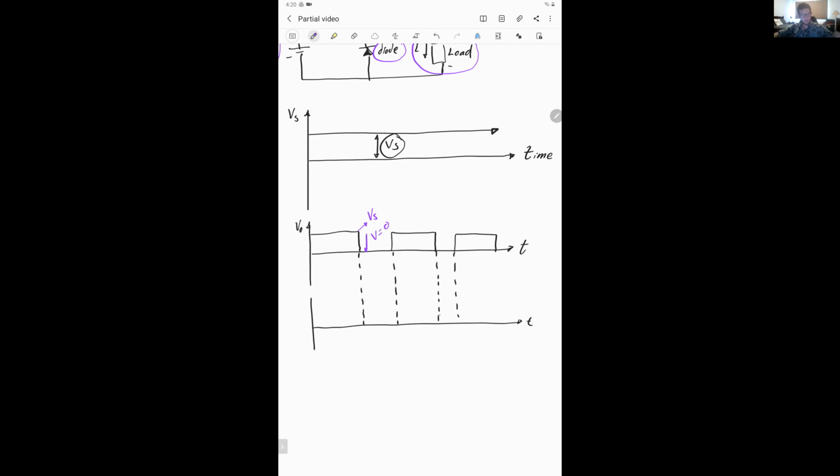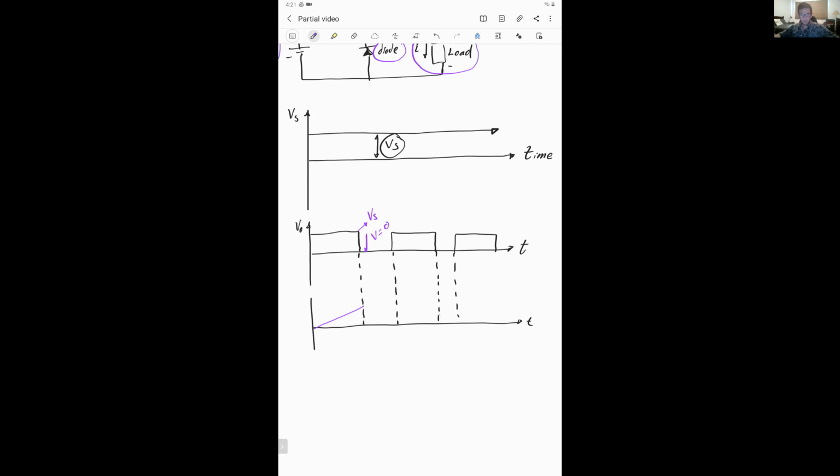And what happens with the current? Well, when the chopper is on, the current will rise in a straight line. Since the chopping frequency is high, it will take a moment to reach its highest value due to the time required to charge the inductor.